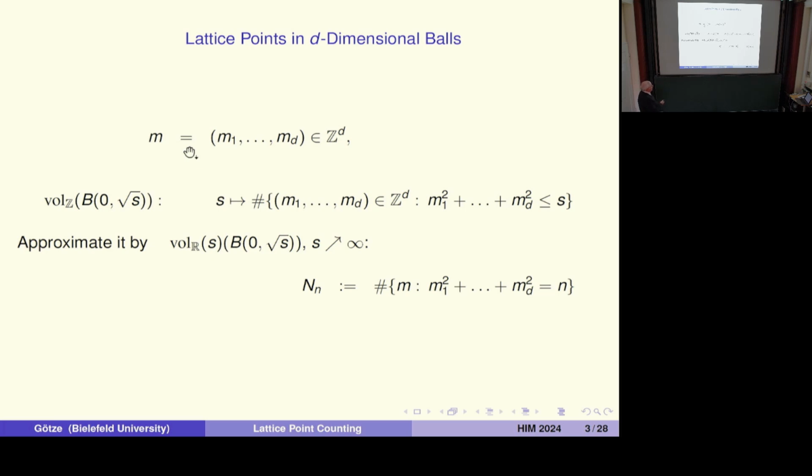Now, when we hit a lattice point on the boundary of the ball, that is of radius square root of S, then the counting goes up by 1.